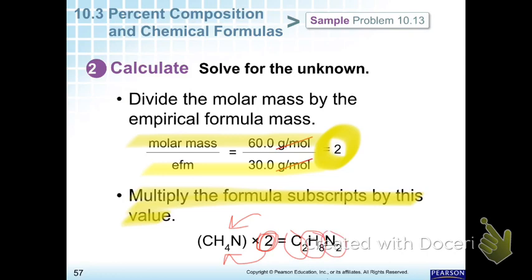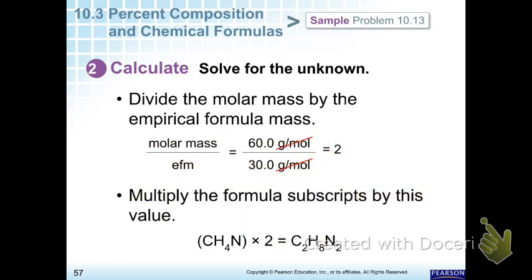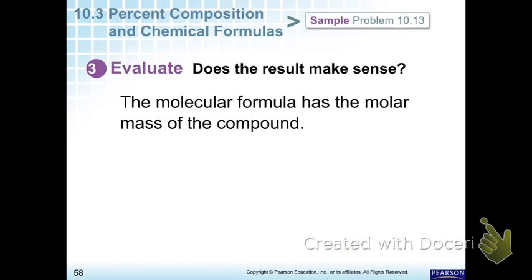And then give nitrogen 2. So here is your molecular formula. The molecular formula then has the molar mass of the compound that you were given in the very beginning. If you need to double check it, you can add it up.